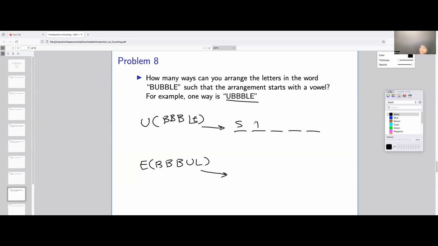So we have 5 times 4 times 3 times 2 times 1. But we do have to make a correction because the actual ordering of these B's doesn't matter. So we have to divide by the 6 orderings for these B's. And by the way, there are 3 factorial, or 6, orderings of these B's. So that's something to keep in mind.